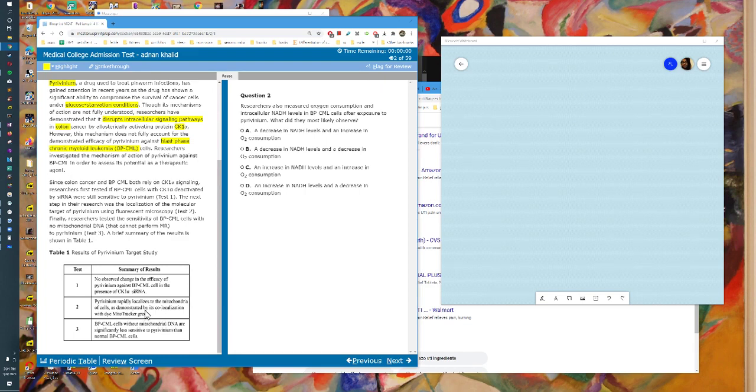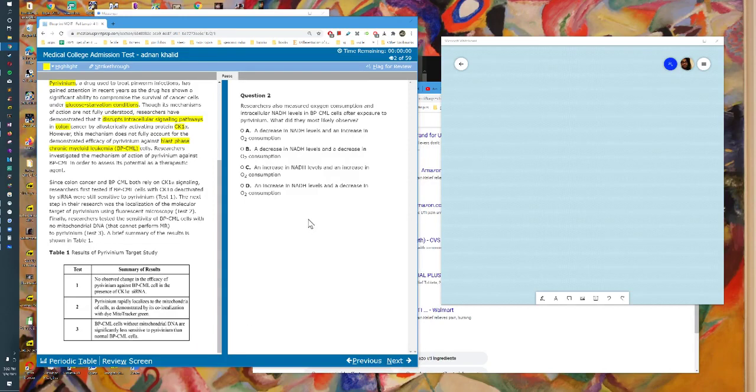So likely it's doing something in mitochondrial respiration. Here they're saying that without the mitochondrial DNA, the cells are less sensitive to perivinium. So it seems like perivinium goes inside the mitochondria and binds to the mitochondrial DNA. And once you take out the mitochondrial DNA, it's not going to be doing that, so it's going to be less sensitive.